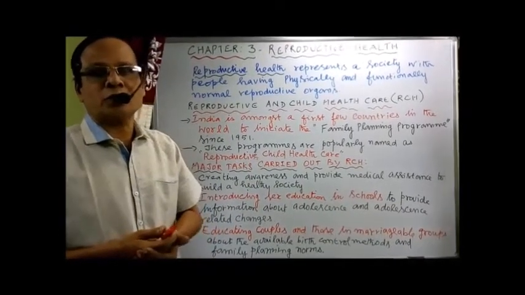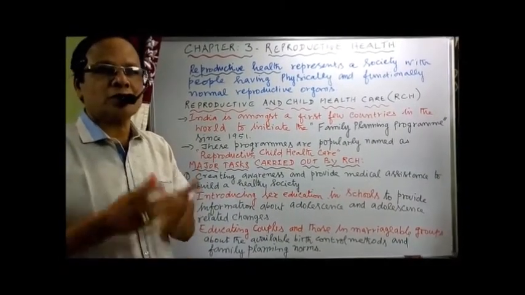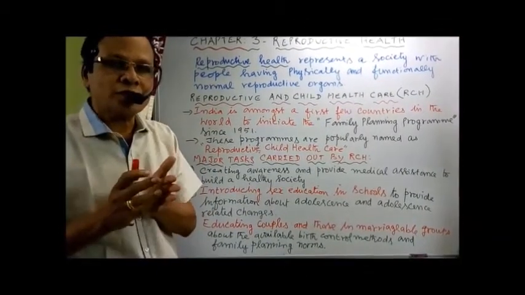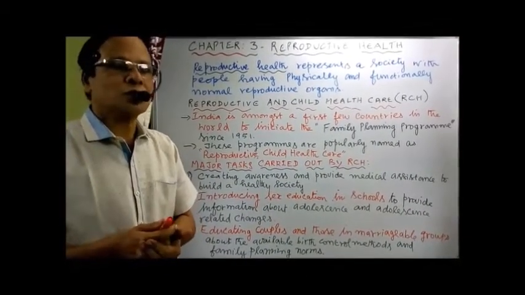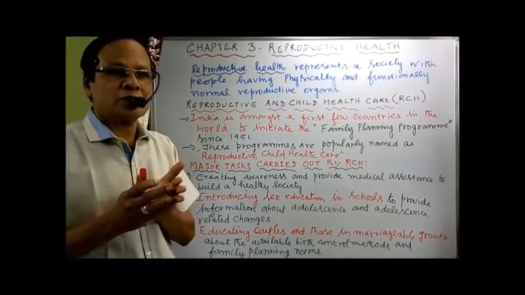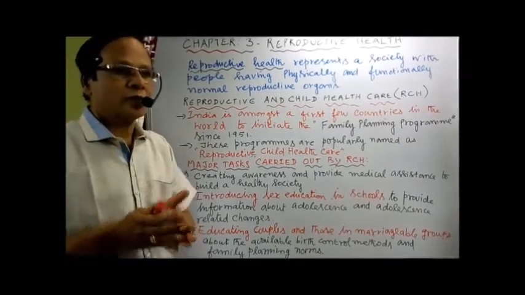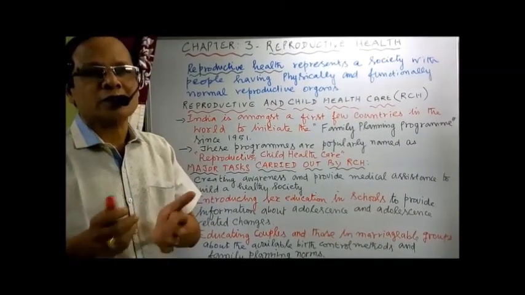Number 5, encouraging and supporting those people, that is the governmental and non-governmental agencies, to identify new methods and also to improve upon the existing methods of birth control.